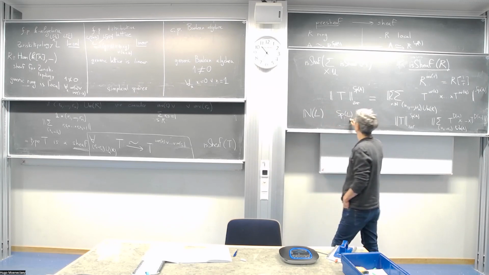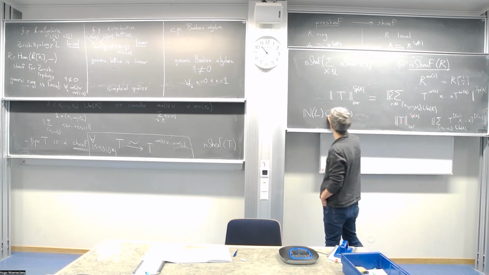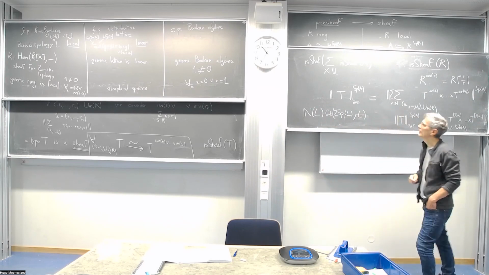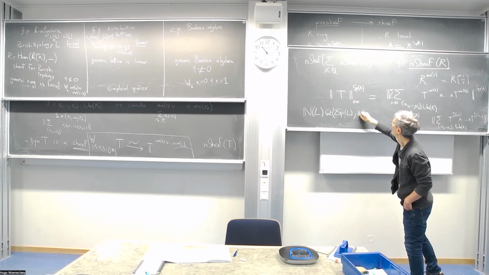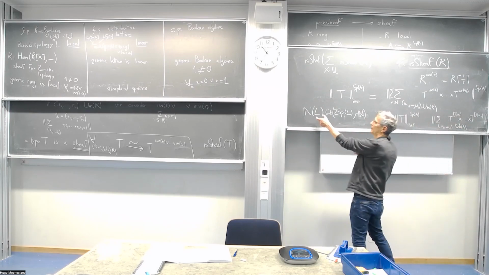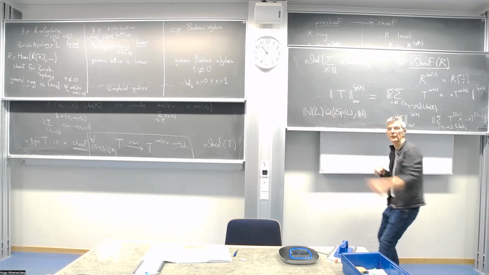Classically it's the spectrum of L, continuous functions into L. So it's given by a system of elements in L and natural numbers.